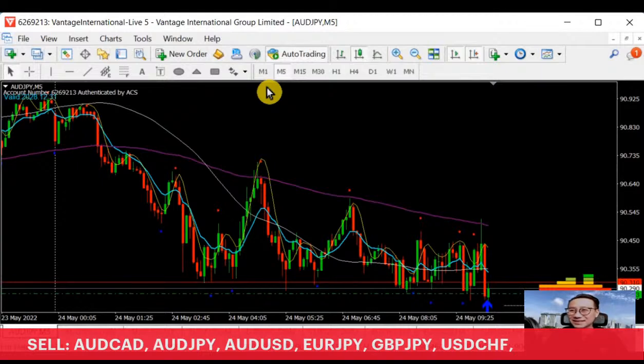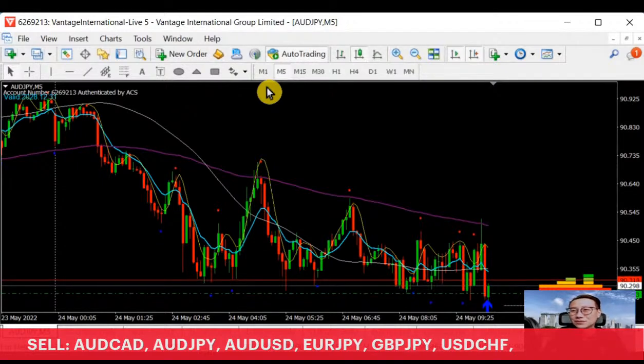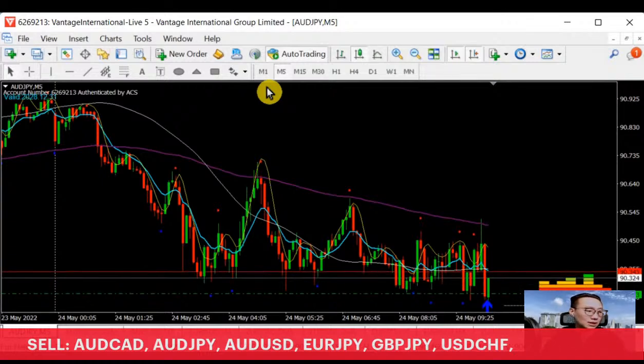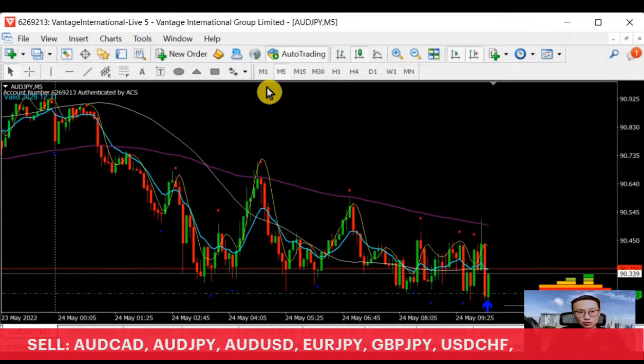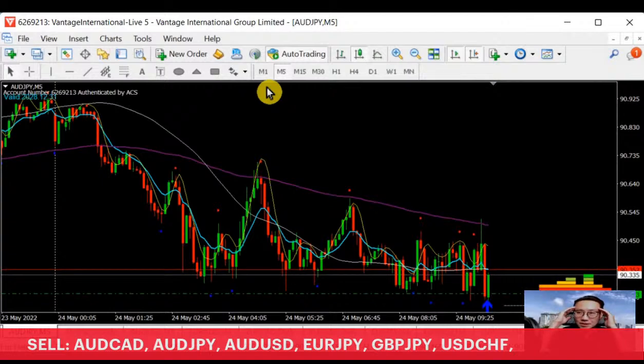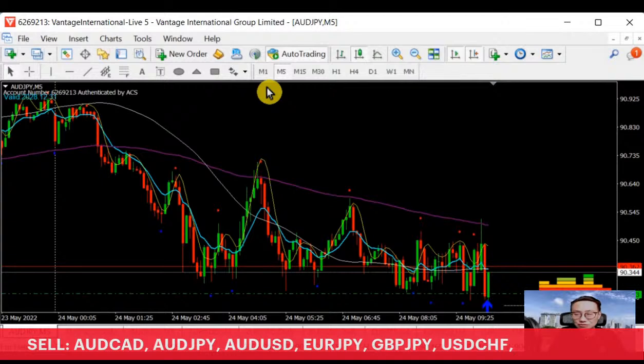Okay, so we still have to wait for a little while. We're also struggling at the support area. Sometimes, as we can see, when we are obstructed by the support area from continuing the sell-off, it may not be a good choice to enter a trade thinking that it will break, because there are plenty of tries.